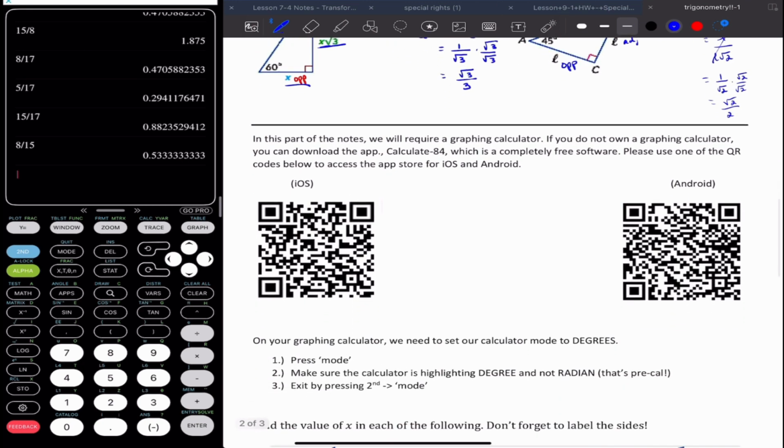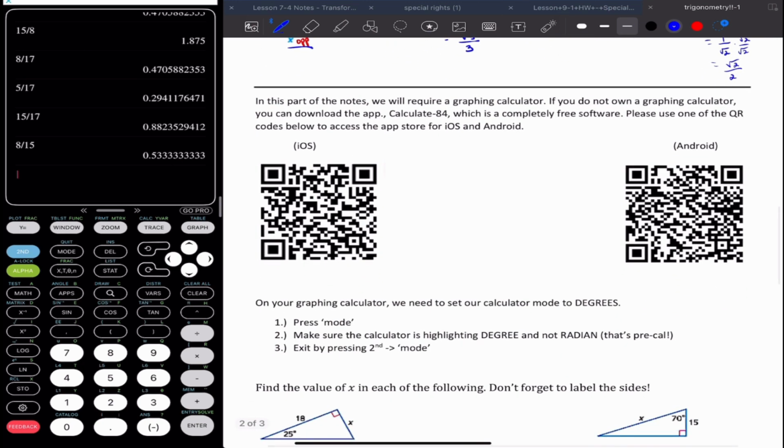Okay. So now, in this part of the notes, we will require a graphing calculator. If you do not own a graphing calculator, you can download the app Calculate 84, which you can see that I have right here on your screen, left-hand side of the video. This calculator here, that's called Calculate 84. It's super helpful, especially when I'm making these notes videos, and especially when I'm teaching the class.